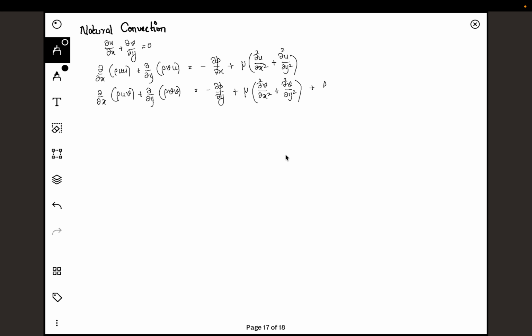In natural convection with the Boussinesq approximation or something, this will become the source term, whatever is the buoyancy term. I'll just write this as buoyancy term B, which will be delta rho times g times delta T and so on.